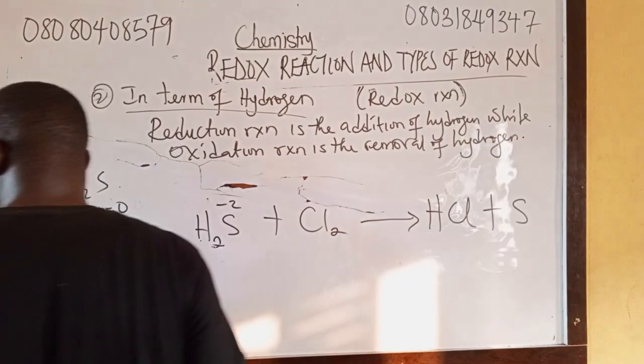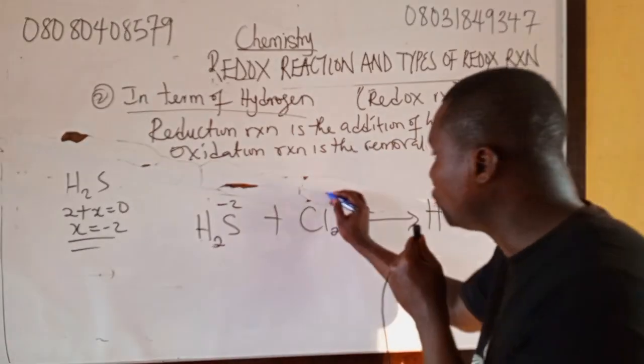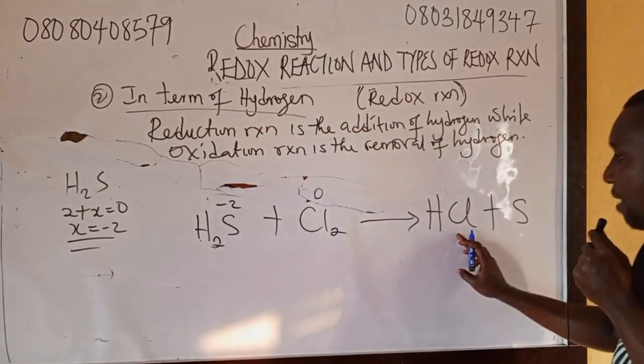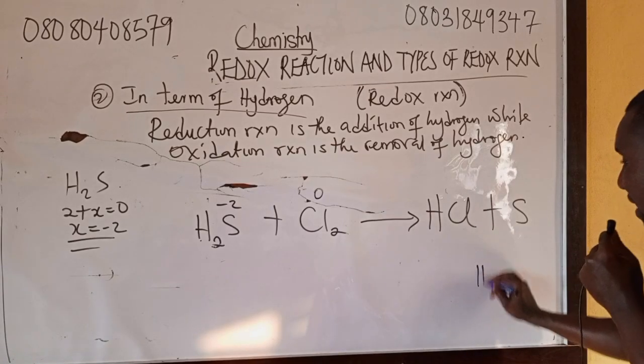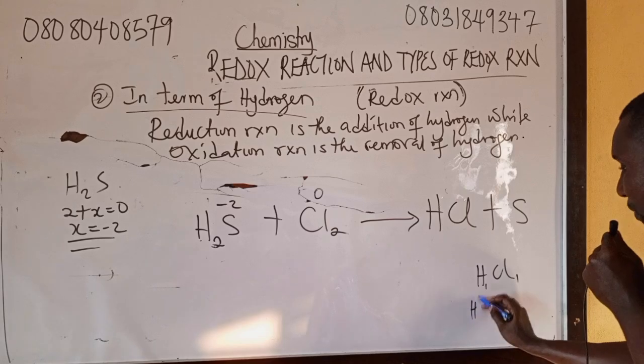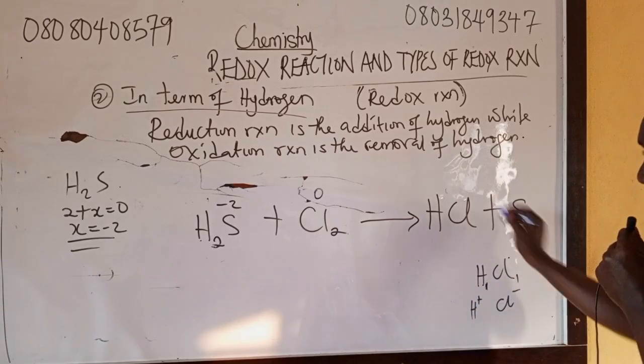Chlorine is standing alone. The oxidation number of chlorine is 0. Then let's come here. What is the oxidation number of chlorine here? When you have HCl, hydrogen plus chloride, the owner of this one is chlorine, which is -1.